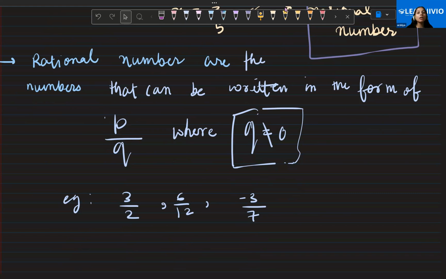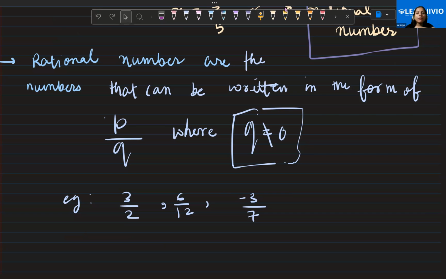Can you tell me any five rational numbers between 3 upon 10 and 9 upon 10? Any 5. 4 by 10, 5 by 10, 6 by 10, 7 by 10, 8 by 10. Yes.